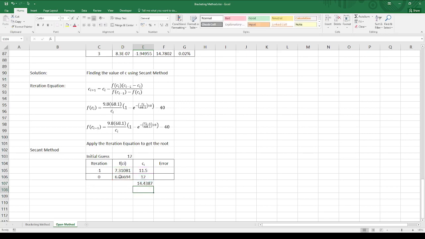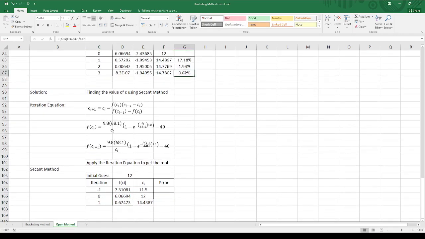Then we will apply the f of c sub I here, 1 here. The error should be same formula.